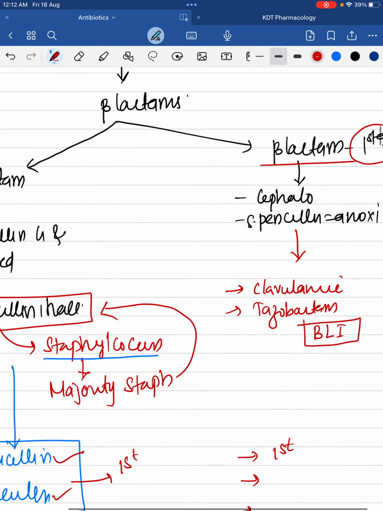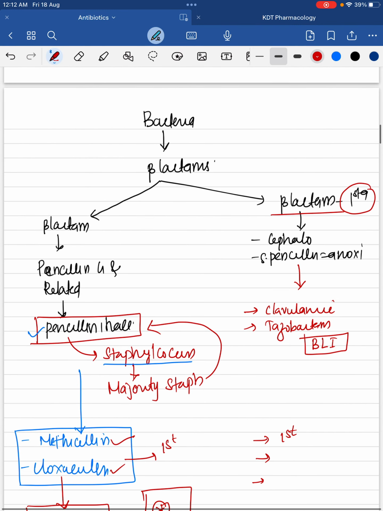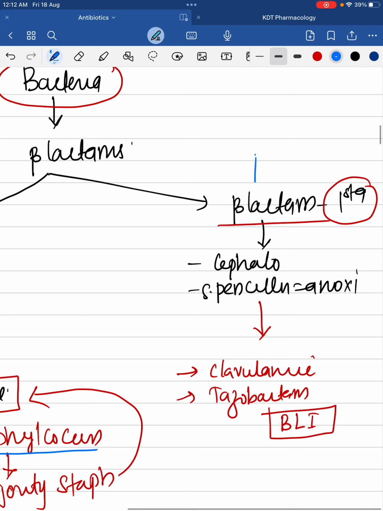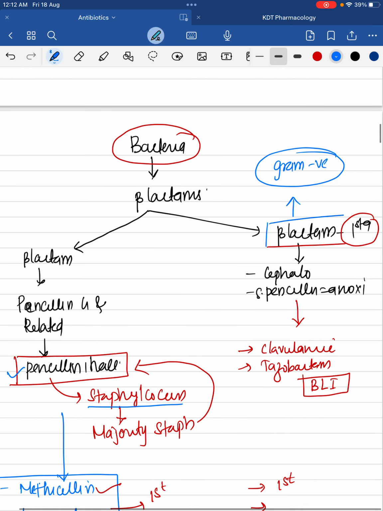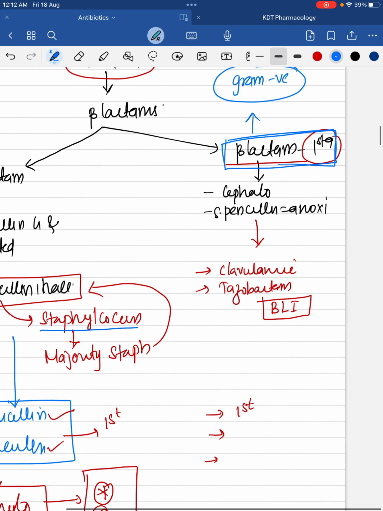So this is the way we overcome the resistance produced by these bacteria. And one more thing before going to the next slide, this type of beta lactamase is mainly produced by the gram negatives. So gram negatives are notorious for producing this type of beta lactamase.